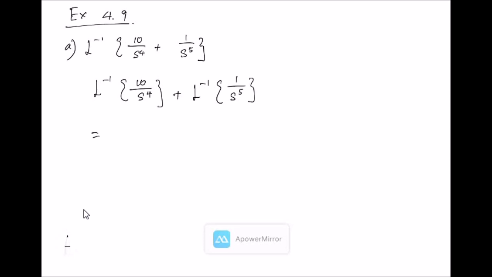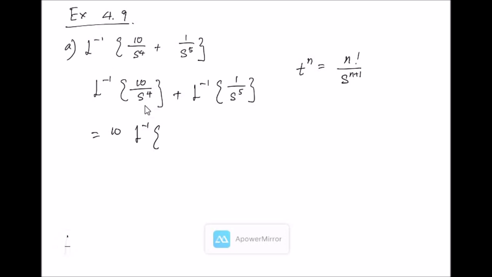So 10 here is a constant, we can take it out. If you look at s power of 4, we know from the table of Laplace transform that t power of n equals n factorial divided by s power of n plus 1.